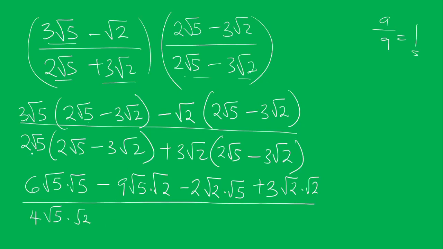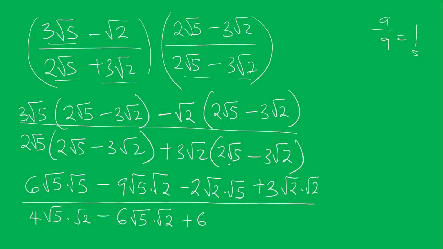Now 2 root 5 times 3 root 2 will give minus 3 root 2. So 2 times minus 3 is minus 6. So 2 root 5 times root 2 will give you root 5 times root 2. Now you have this plus 3 root 2 times 2 root 5, which will give you 3 times 2, plus 6.